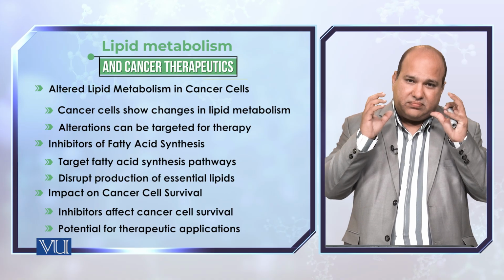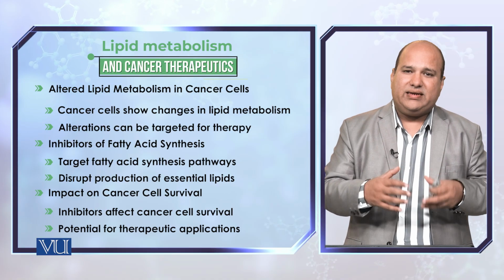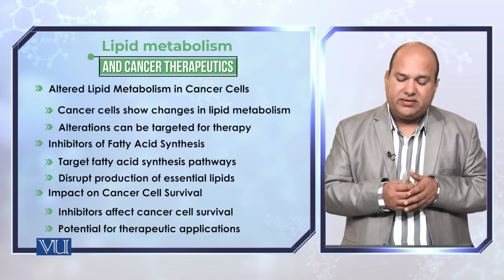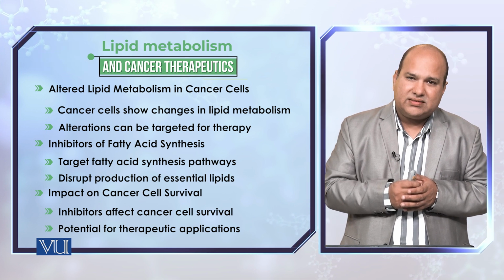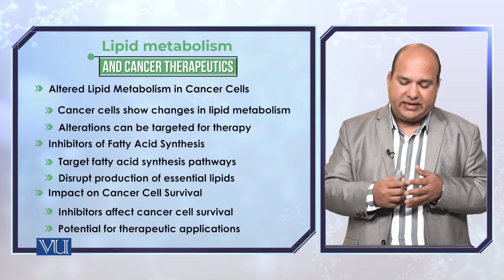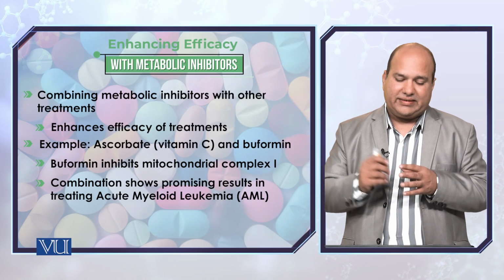That's why lipids are also implicated in cancer metabolism. And finally, they are very important signaling molecules. So if you inhibit the synthesis of fatty acids, or inhibit the oxidation of fatty acids so that energy cannot be produced from them, you can treat the cancer.